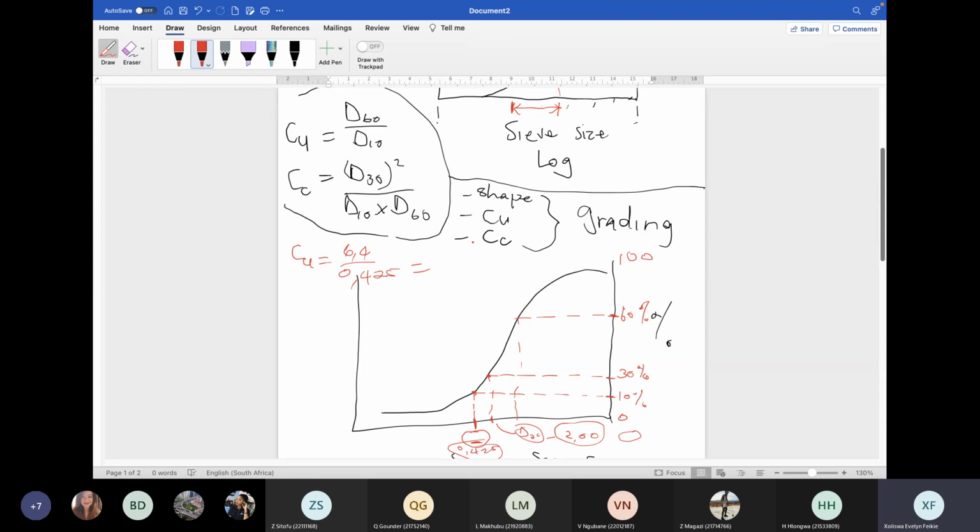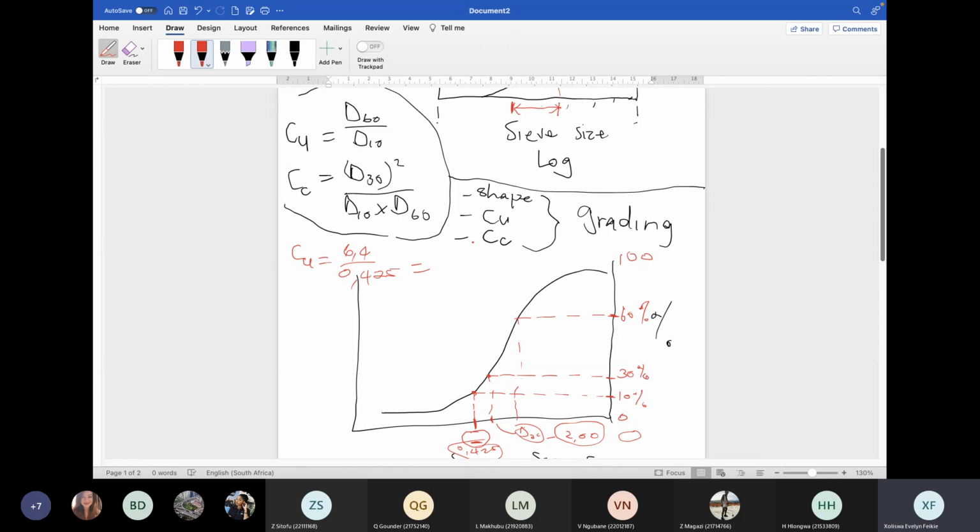What did I mean by you don't only look at the value of Cc and Cu? It means exactly that, because sometimes you might have a combination of something, and therefore you need to go back to looking at your shape. What does the shape say? What does the value of Cu mean? Is it within the scale, or rather, what's the range?